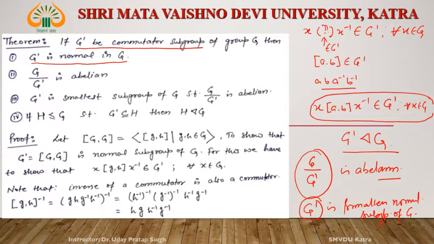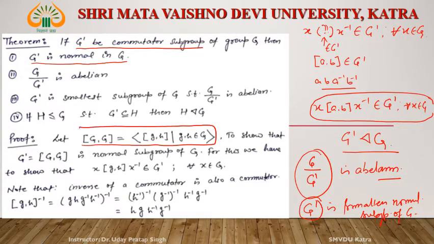Let us see the proof first. What we have to show is that G prime is normal in G. We already discussed how we will prove this. We have to prove that x [a, b] x inverse belongs to G prime for all x belonging to G. What is [G, G]?